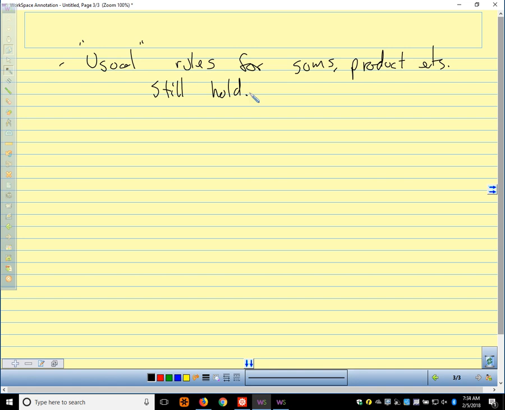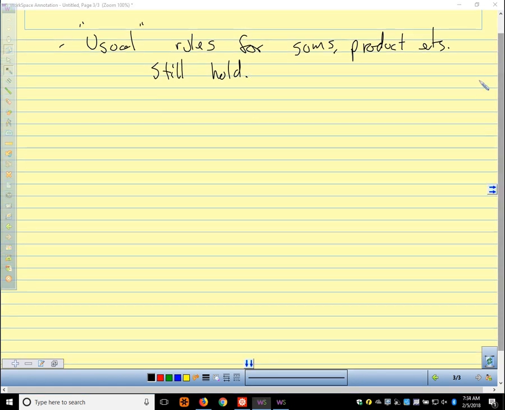The limit of a product is the product of the limits, etc. A couple of important ones that I want to emphasize are the limits of polynomials and rational functions.